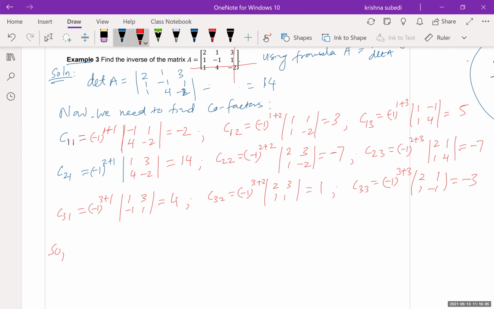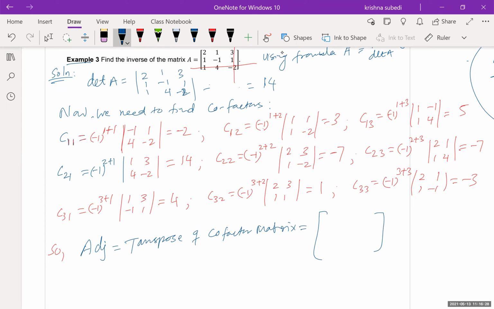So adjoint of A equals transpose of the cofactor matrix, okay? Let us write down the cofactor matrix first.